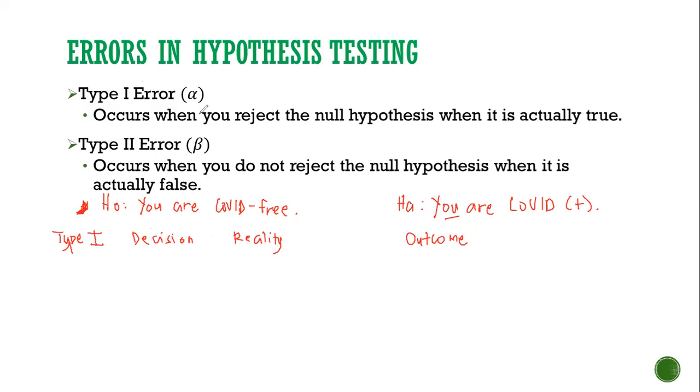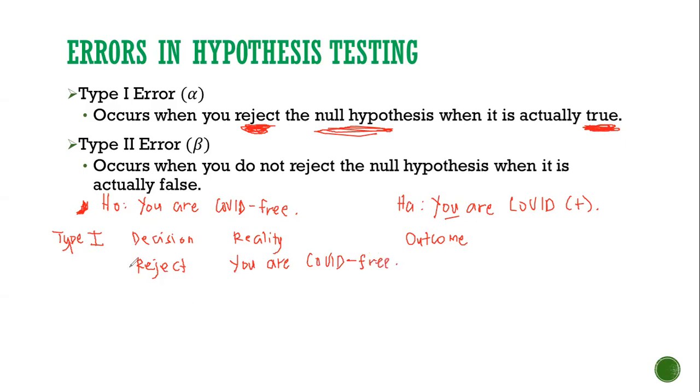Ayan. So type 1, sabi dito, you are to reject the null hypothesis. So ang decision mo daw dito is to reject the null hypothesis which states that it is true. So true daw ito, you are really COVID-free. So wala ka talagang COVID.